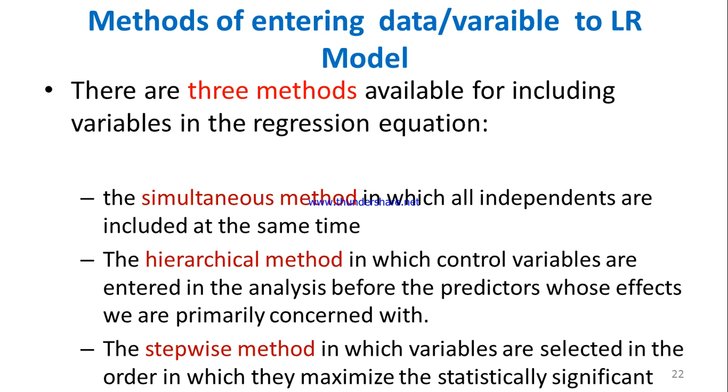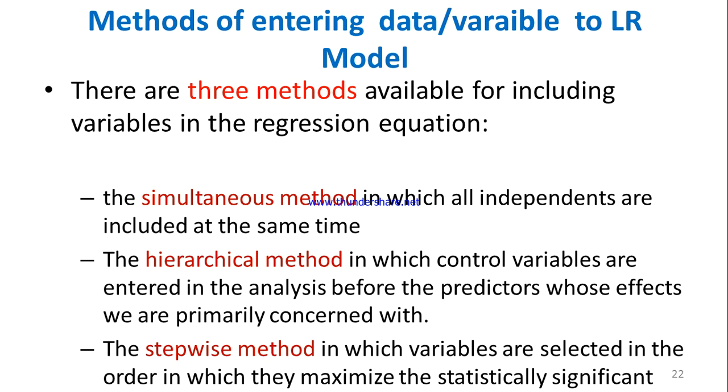Method of entering the data. How do we enter data in logistic regression? There are three methods. These three methods have already been discussed in multiple linear regression. There is no difference in that regard. One is the simultaneous method, which we also call the standard method, where we force all independent variables into the model at the same time. This is the most commonly used method in logistic regression. Second is the hierarchical method, a situation where the researcher tries to identify potential confounders and puts them separately into a model.